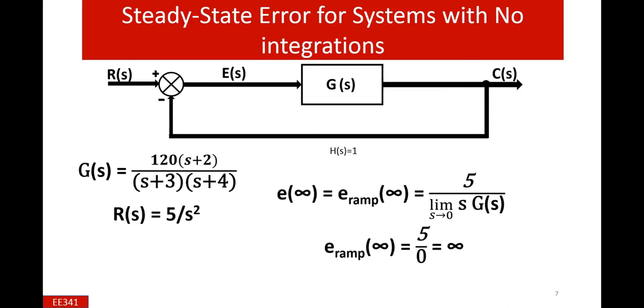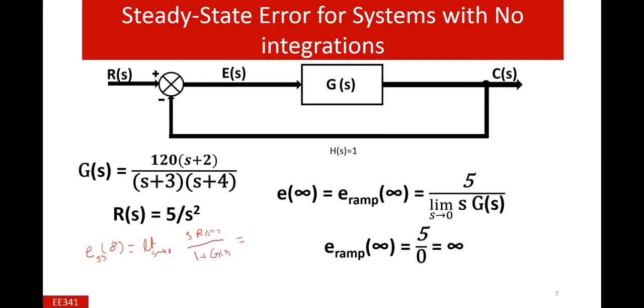If we apply the ramp input, then the definition of steady state error is equal to the limit as s approaches 0 of s times r of s divided by 1 plus g of s.